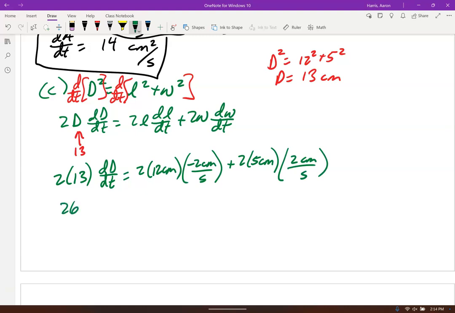So we've got 26 dD/dt equals negative 48 plus 20. So negative 24. Oh, I'm sorry, negative 28 over 26.